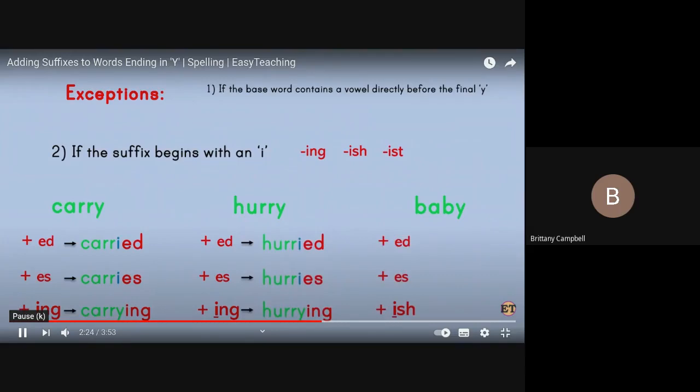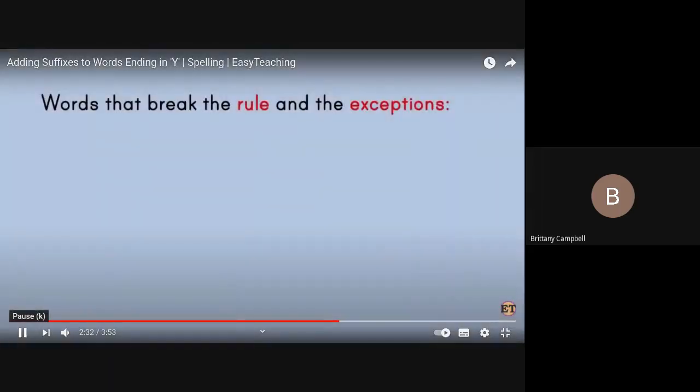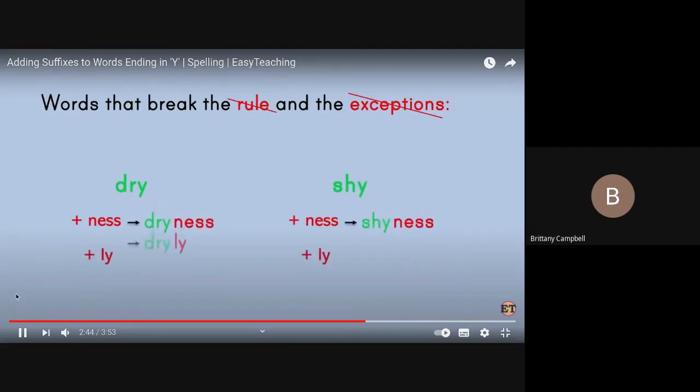It's changed in babied and babies, but not in babyish. There are some words that break the rule and the exceptions. For example, we don't change the Y in dry or shy when writing dryness or shyness, or dryly or shyly.